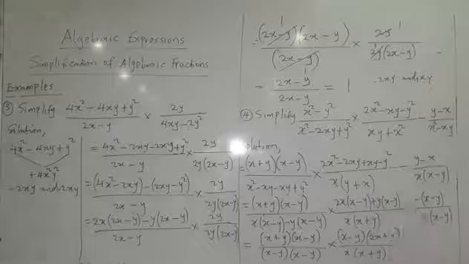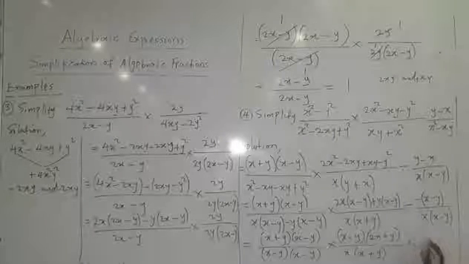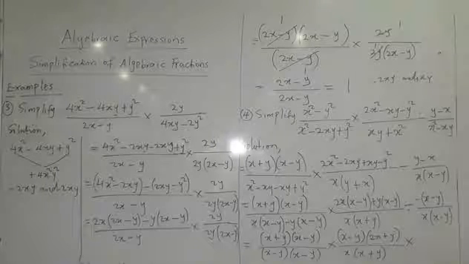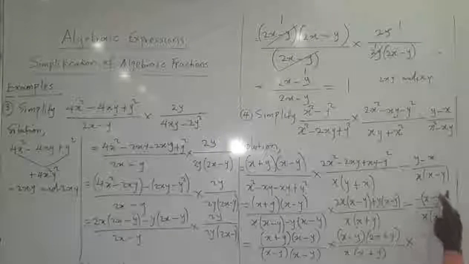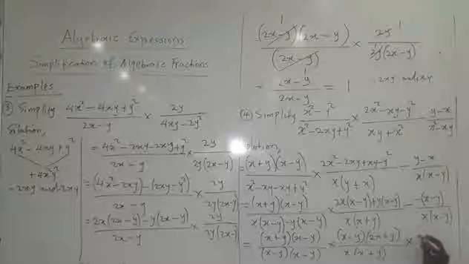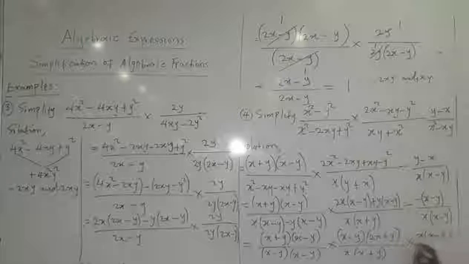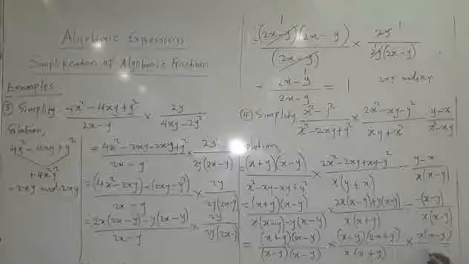Then change this division to multiplication. So if you change the division to multiplication, you are going to flip the fraction. So numerator will become denominator and denominator will become numerator. So it will be x into x minus y all over minus open bracket x minus y.